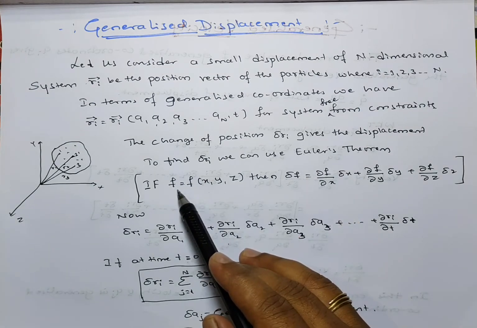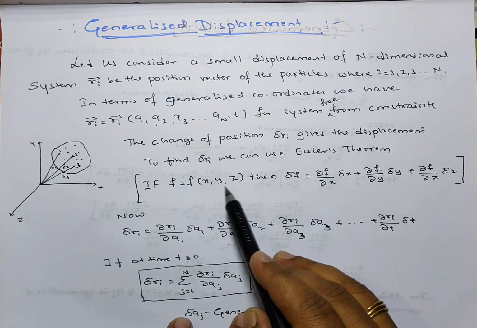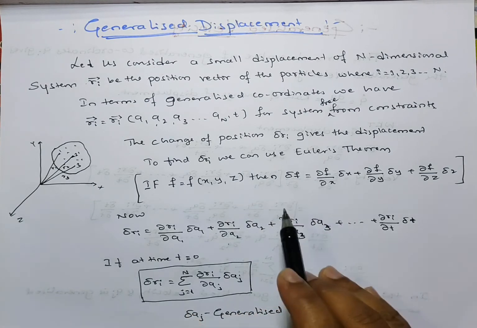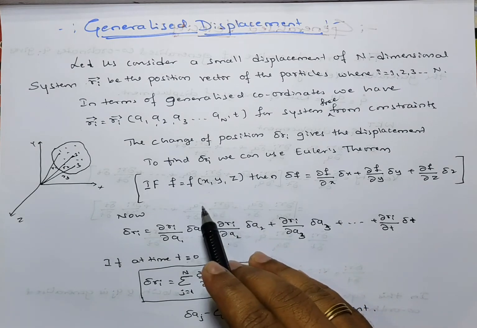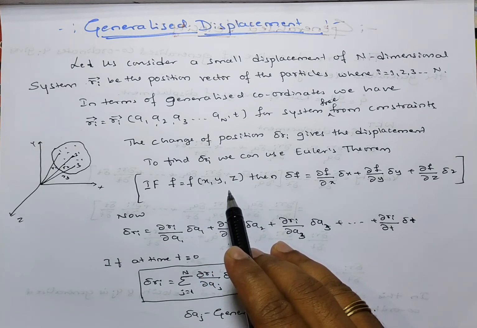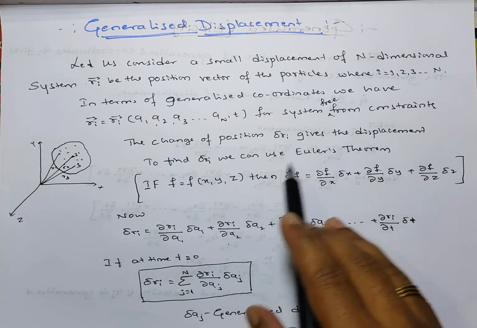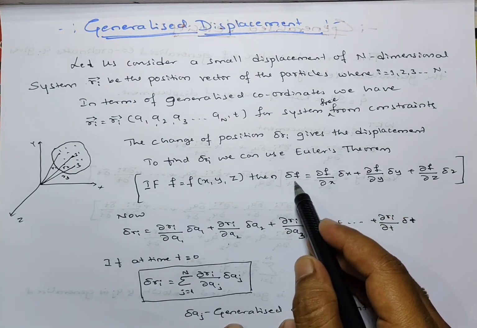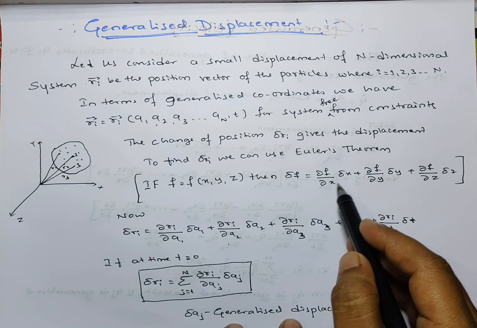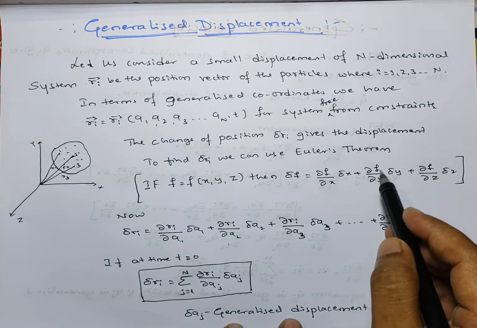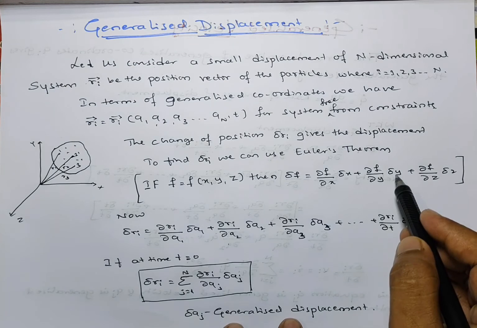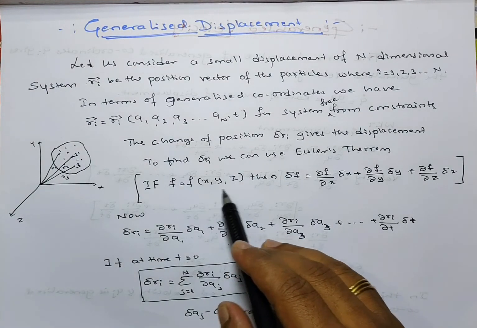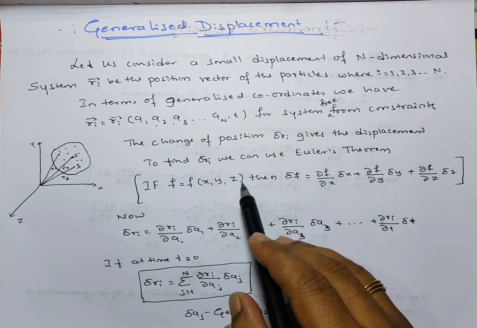If f is a function of x, y, z, then del f is equal to dou f by dou x del x plus dou f by dou y del y plus dou f by dou z del z with respect to these variables x, y, z.